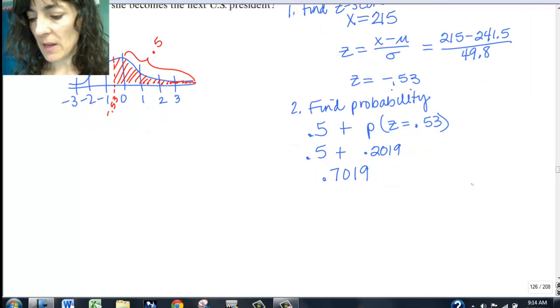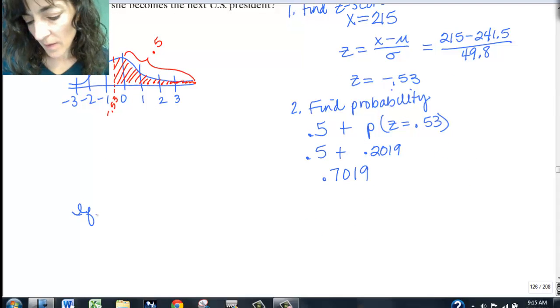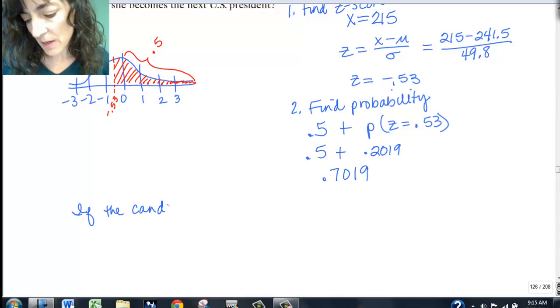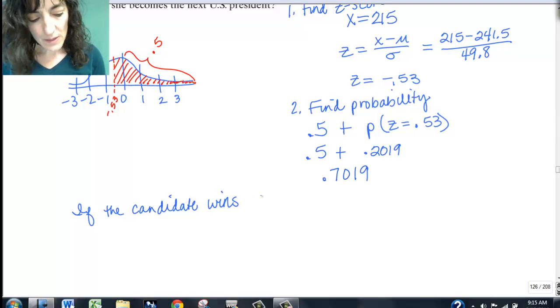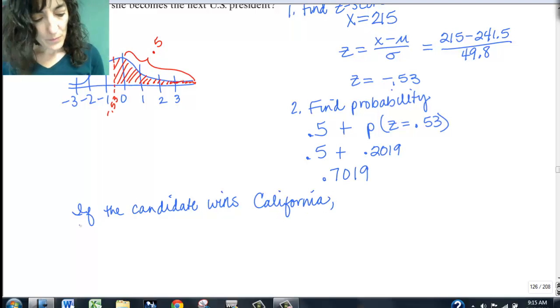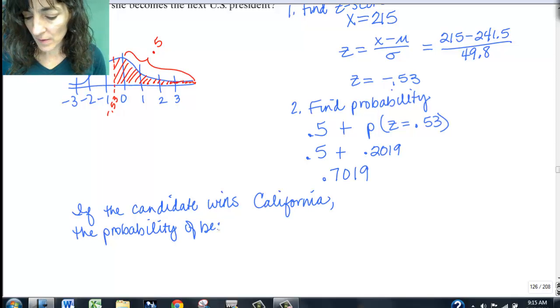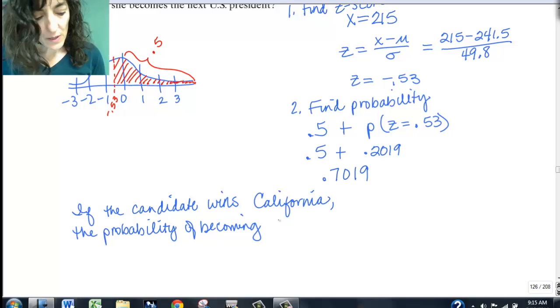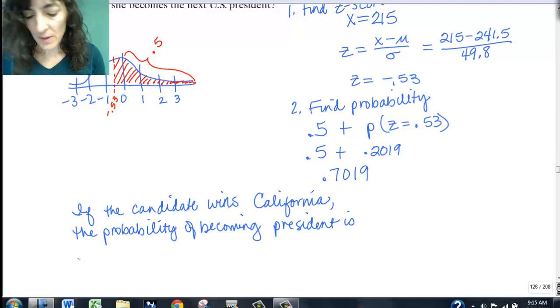So I would write that as, if the candidate wins California, the probability of becoming president is 0.7019.